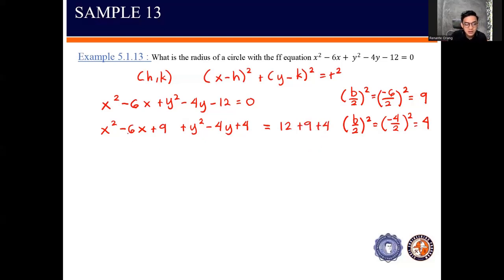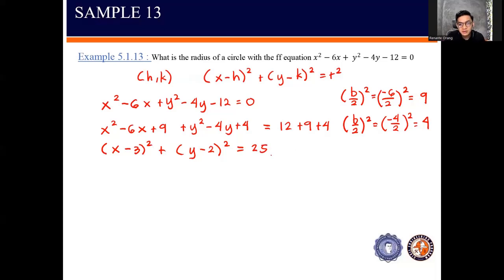Okay. So completing the square, we have x, then negative 3 squared, plus y, then negative 2 squared, is equivalent to 12 plus 9 is 21, plus 4 is 25.